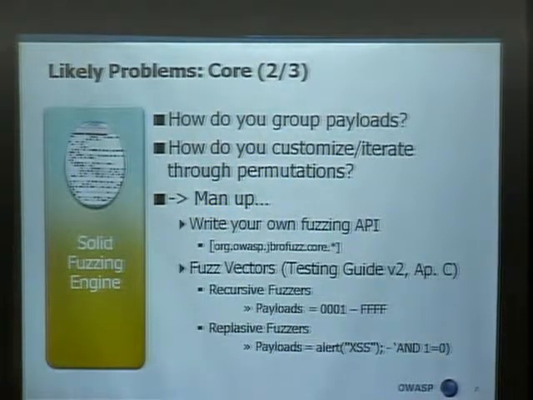Now, the real problem when it comes to fuzzing is that no one has, to my knowledge, defined how you group the actual payloads into categories and use those categories so that they represent the least amount of work that you need to do to achieve putting on the wire whatever cross-site scripting or SQL injection or hex enumeration or URL base 64, all the different encoding standards that are out there. So for this, there's a core API, and the process around this API is to standardize it into a framework for anyone that does want to do fuzzing, and that's the scriptable part.